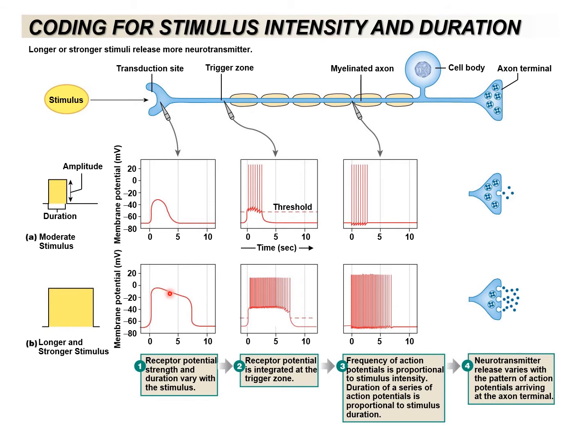Most all receptors do adapt to some degree. And you can see that in the trigger zone, in what we would call the axon hillock or the initial segment. Strong action potentials early on that do begin to fade, in terms of frequency just at the very end, but it never fully adapts, and we have a fair amount of neurotransmitter release in that.